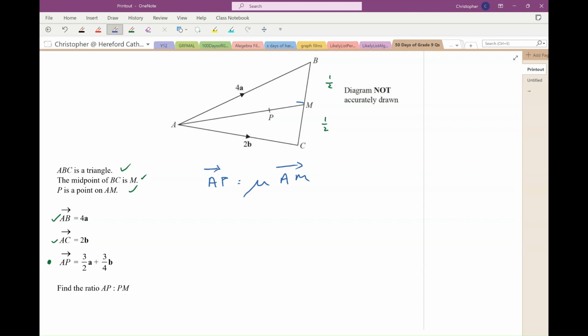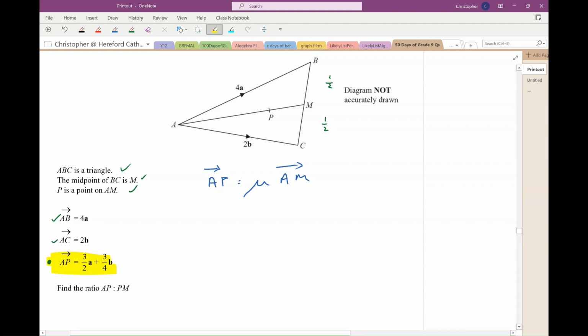Well, it looks like more than a half, doesn't it? Maybe it's 3/4, maybe it's 3/5, I don't know. But AP is a certain fraction of the way along AM, that's for sure. Now, we've got one expression for AP. Let's find another expression for AP.